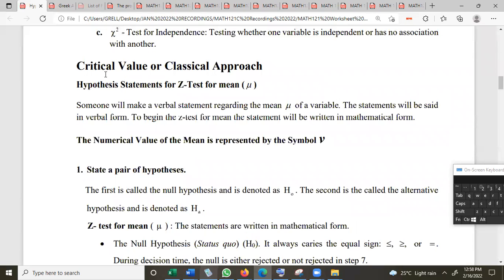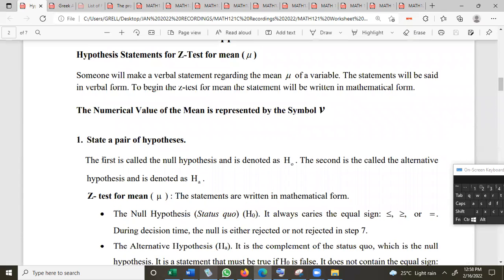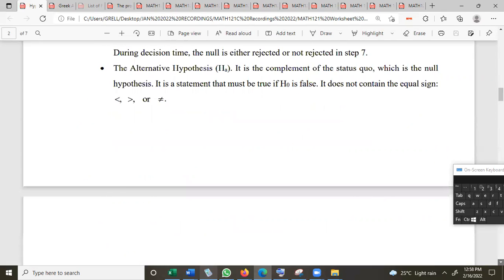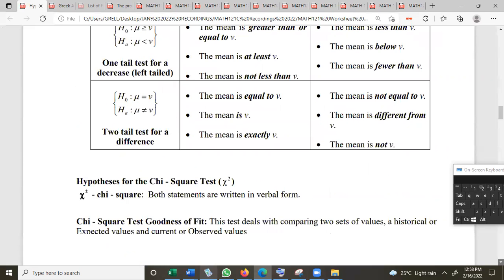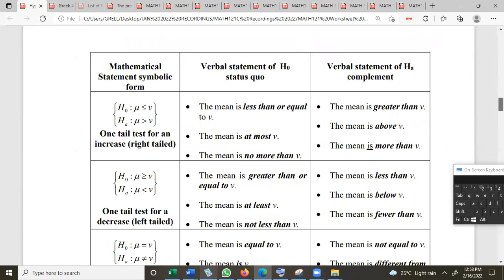And here are the steps for the critical value or the classical approach. 8 steps. I will just name them because I'm looking at the time. State a pair of hypotheses. And here's the explanation. We'll go into it later down. All of this is for the z-test for mean, and all of this is for the chi-square. So all that information there is in regards to the hypothesis for the z-test for mean.